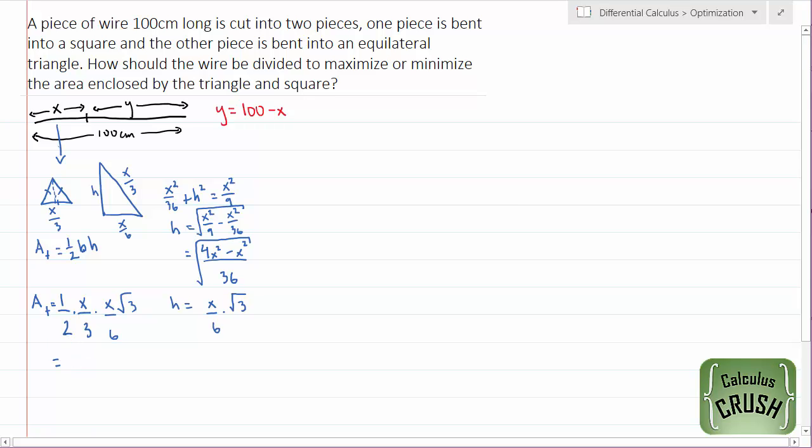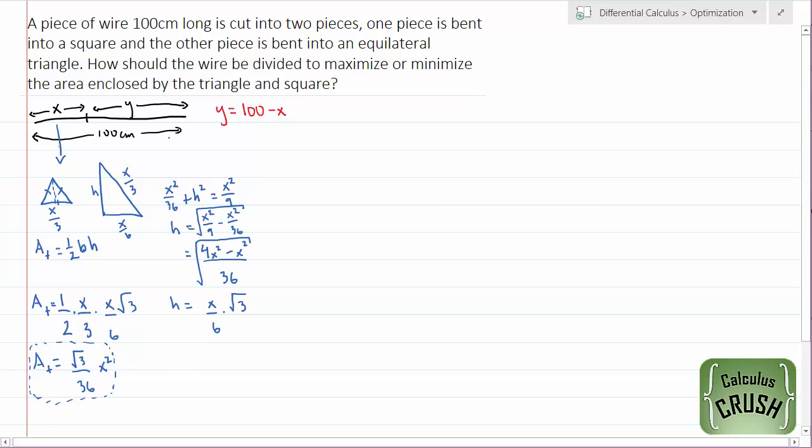On the bottom, 2 times 3 is 6, times 6 is 36. So in the front, we've got the square root of 3 divided by 36, and then an X squared. Okay, I'm just going to put a little box around it because this is going to get big and this is an important piece of information. So we have an expression for the area of the triangle.